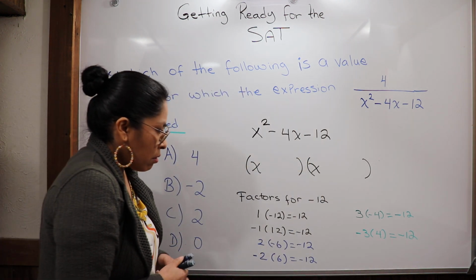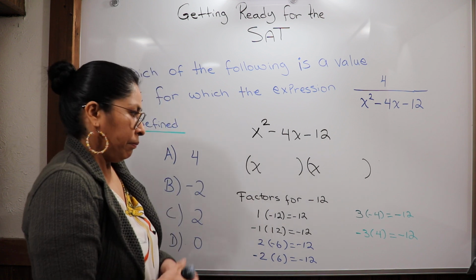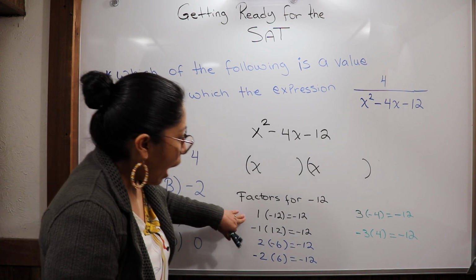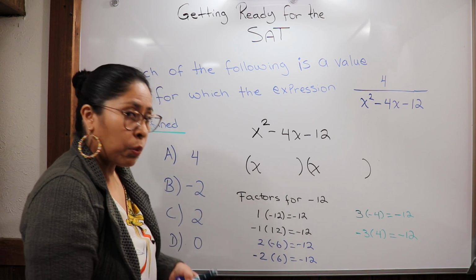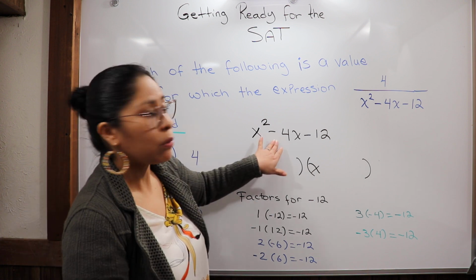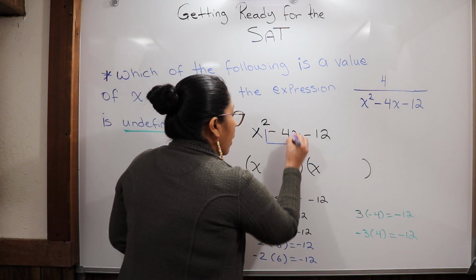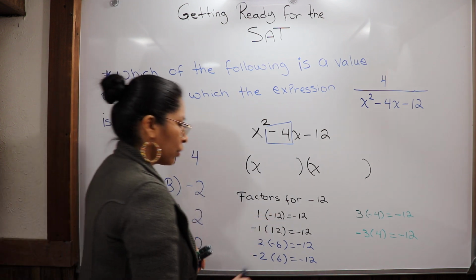So how do I know which one is going to be right here? So now my next step is going to be to add all of those factors. And when I add them, I should get the middle term. In this case, I have negative 4. So I'm trying to get negative 4 by adding those 2 factors.